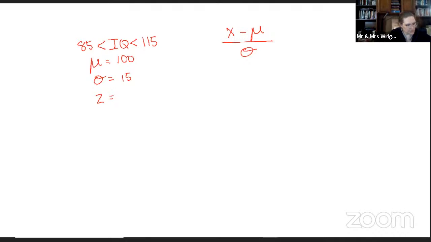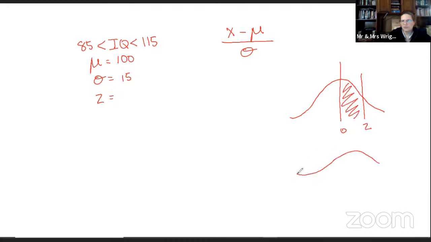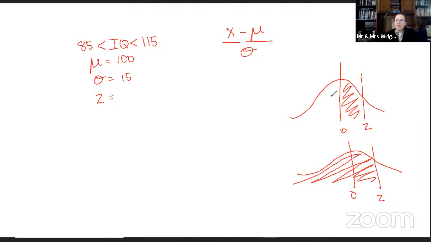There are two kinds of charts here. One has a normal curve that says 0, then z, and this part is colored in. That's one type of information you can get from the chart. The information from this chart, which is called Table C, says from 0 to Z in the big black bar across the top.